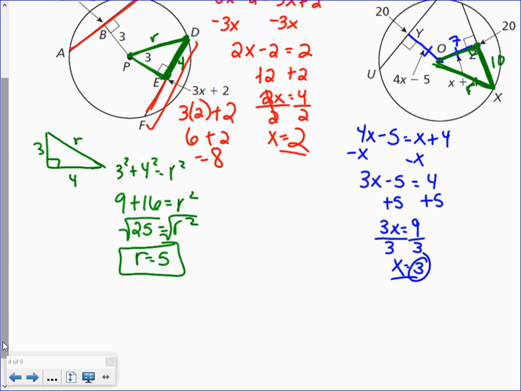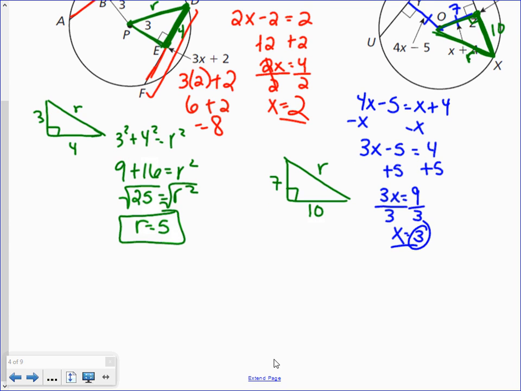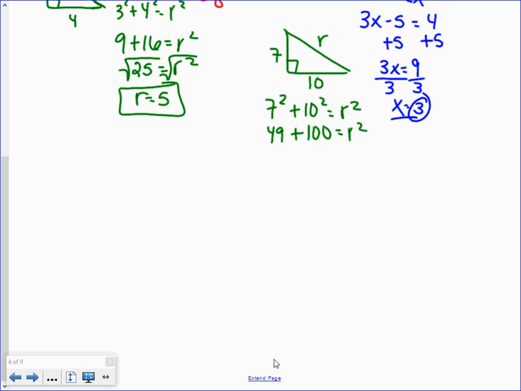And then we're looking for the radius. So we're looking at a right triangle that looks something like this, where this is 7 and this is 10, and I'm looking for the radius. Okay, Pythagorean theorem. 7 squared plus 10 squared equals r squared. 7 squared is 49. 10 squared is 100. 100 plus 49 is 149.